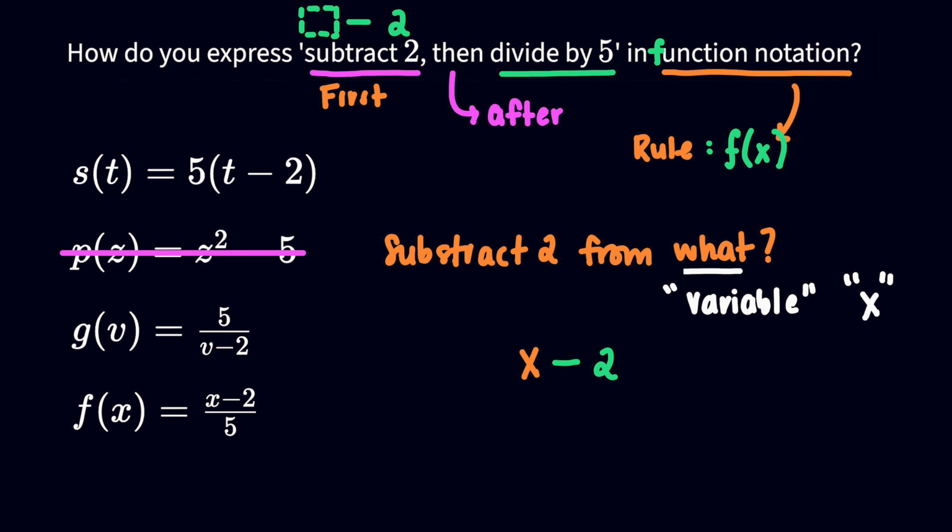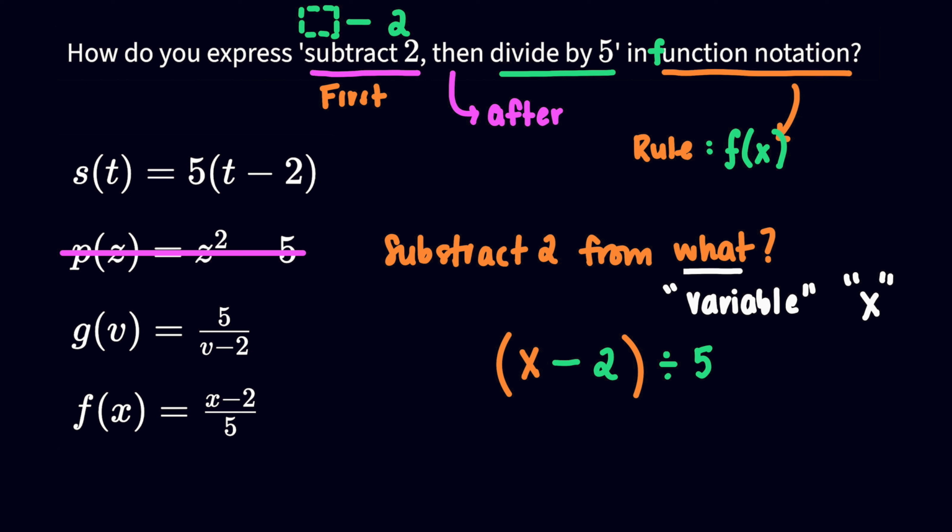Now, let's go forward. Then, after we do this, we must divide by 5. The idea here is that if I want to ensure that this whole thing is being done first, you can put it in parentheses, but you do not have to if you don't want to. But the idea is that after we do this whole thing, we're going to take this whole thing and divide by 5.